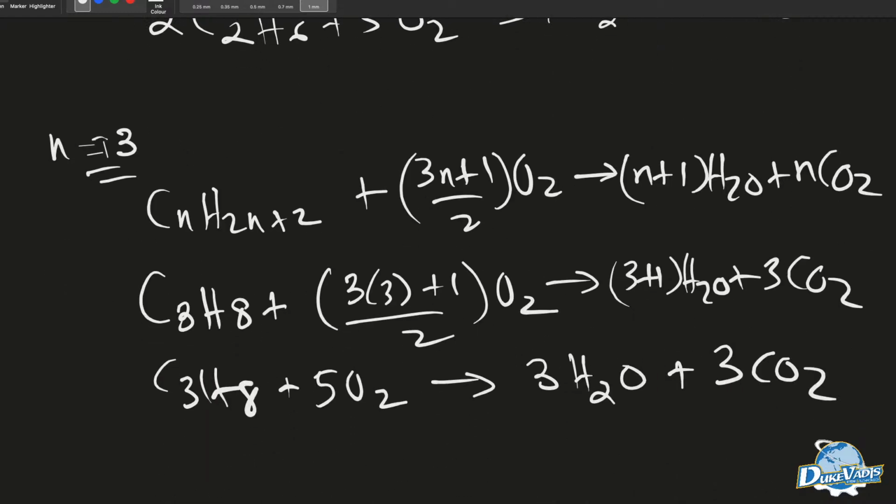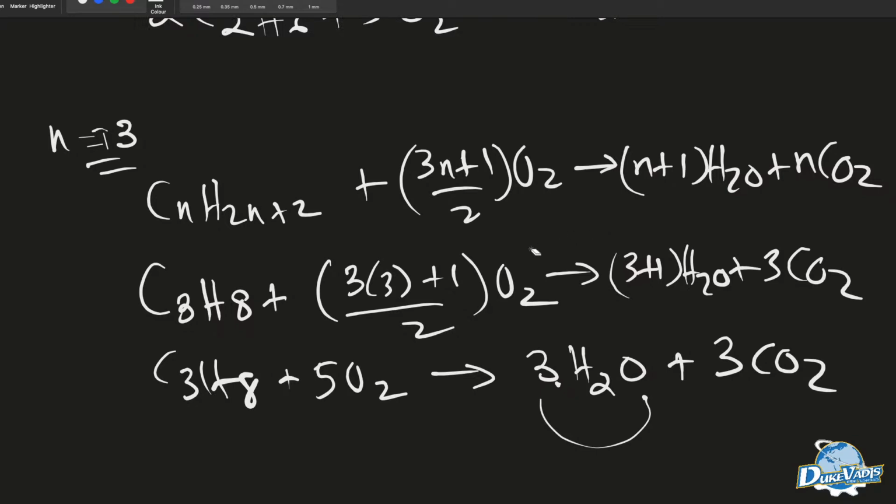We have 3 oxygens here plus 6 oxygen, so that would be 9 oxygen. Yeah, so n plus 1 water, which is n is 3, not 4. n is 3.